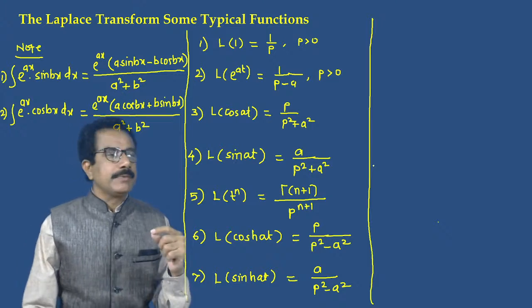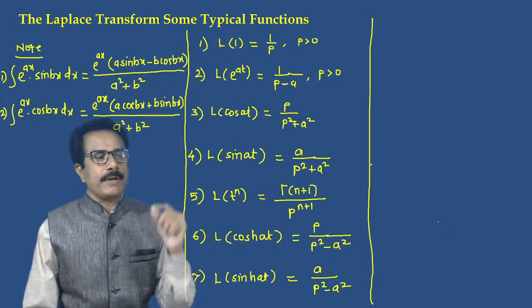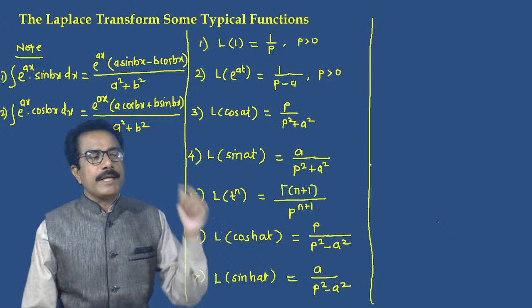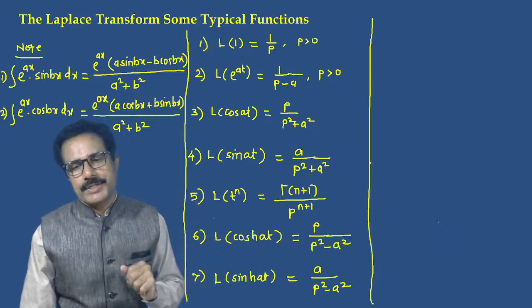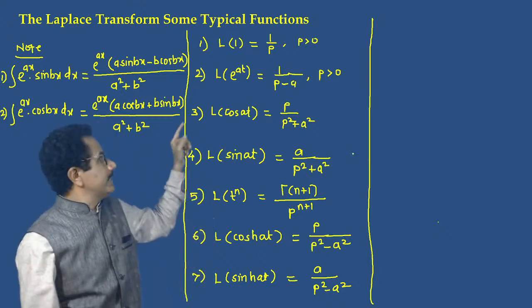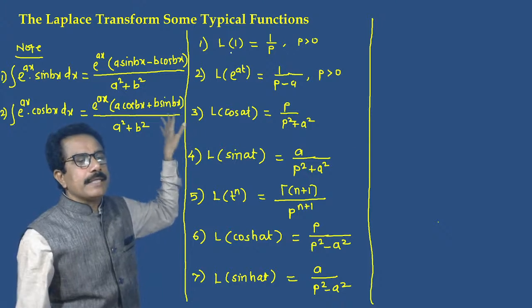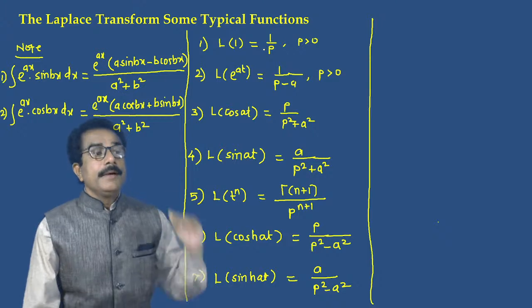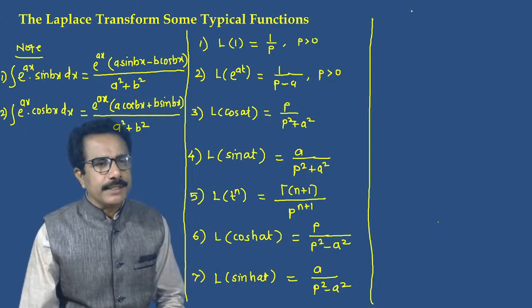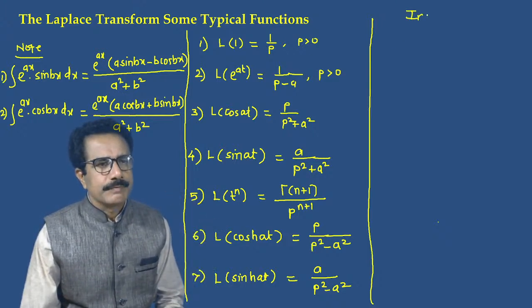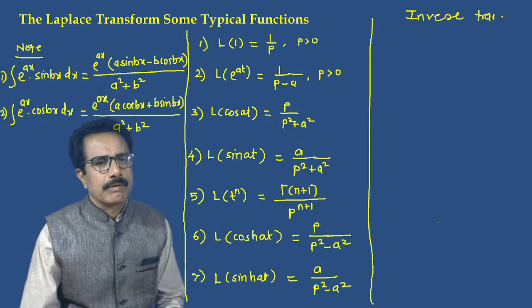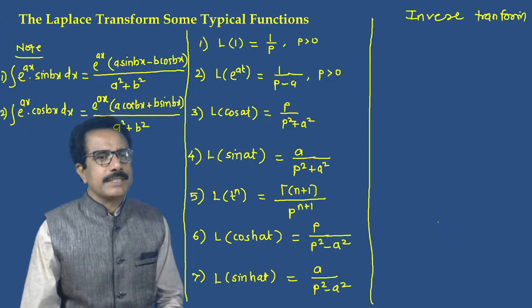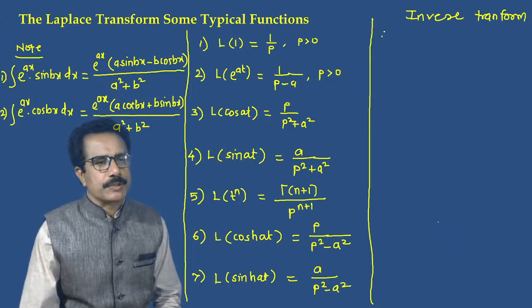Okay, actually yesterday, in the previous lecture, we have seen the basic definition of the Laplace transformation and the Laplace transform of some typical functions. What is that here? We know that the Laplace transform of 1 is 1 upon p. Here in this case, in the inverse transform, how can we write this first formula?